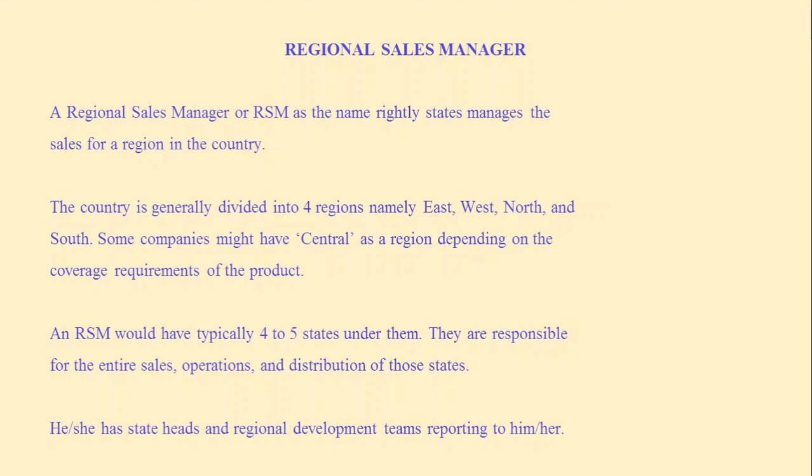So these are the different zones where one regional manager is appointed, and the national head's target is broken down and offered to the regional sales manager of different areas, like east region का एक manager, west का एक, north का एक, south का एक, and if need be central का एक.